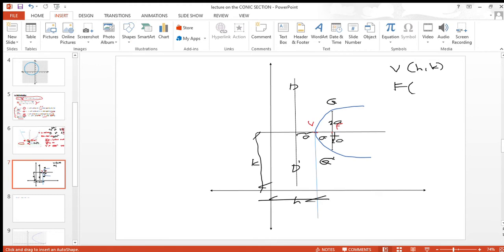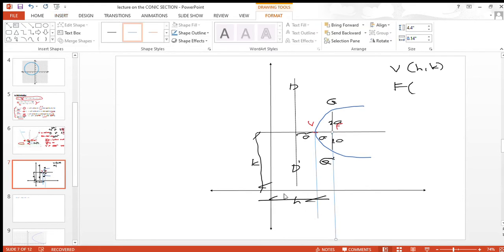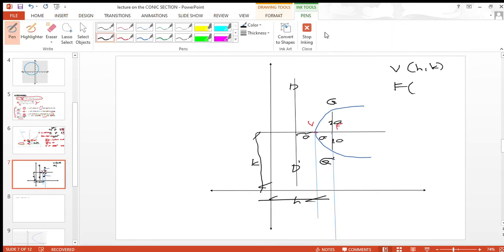If you drop a perpendicular line from F, that whole length is the abscissa of F.